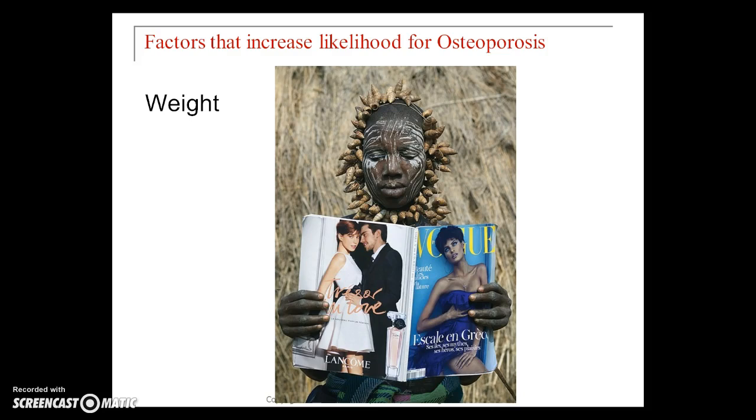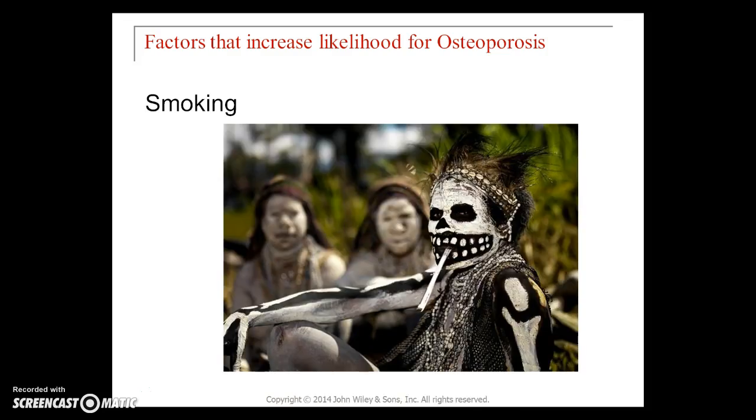And your weight, the thinner people have less adipose tissue, and adipose tissue produces some of the estrogens. Smoking decreases estrogen levels somehow, so that increases your chances of getting osteoporosis.